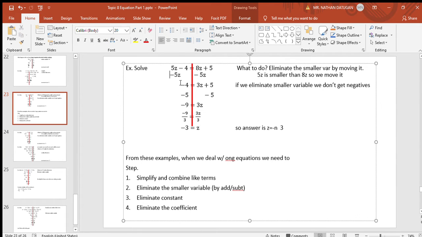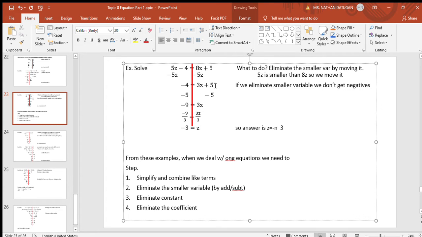5z and minus 5z is 0, so you're left with negative 4. 8z minus 5z is 3z, and then you just bring down the 5. Now you have negative 4 is equal to 3z plus 5.